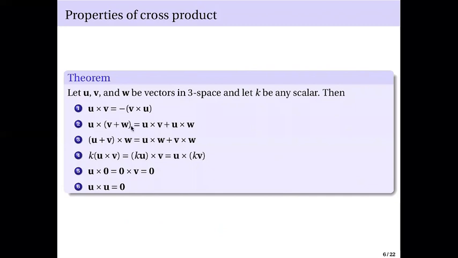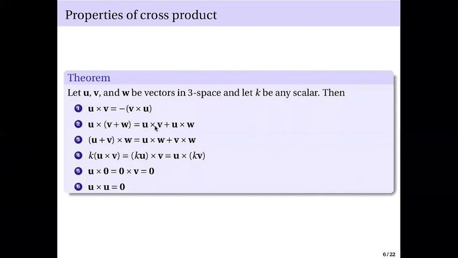For the second property, we have the distributive property. So U cross V plus W is equal to U cross V plus U cross W. And take note, U is on the left factor here. So when you distribute it, your U must remain on the left factor.